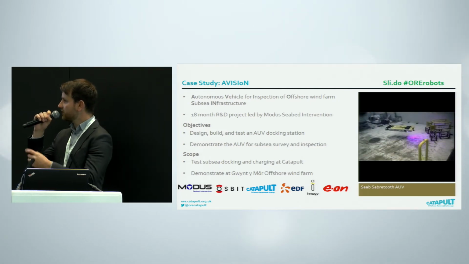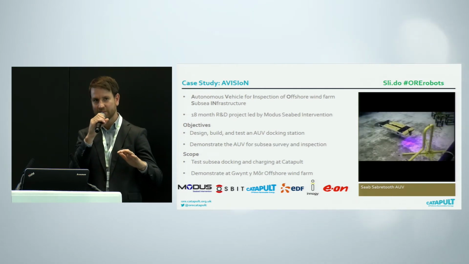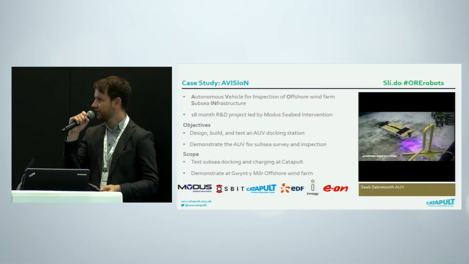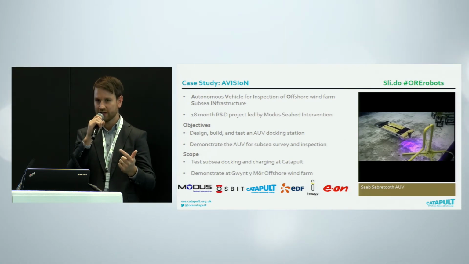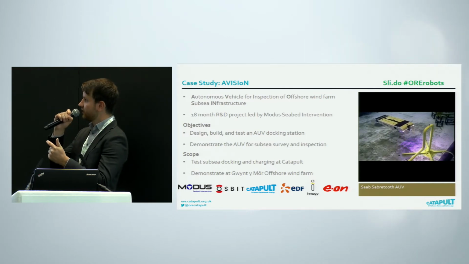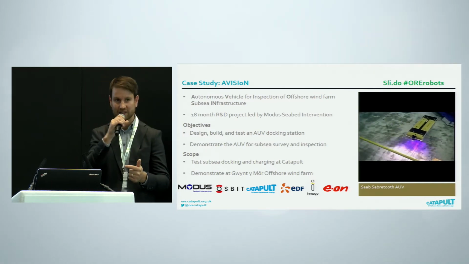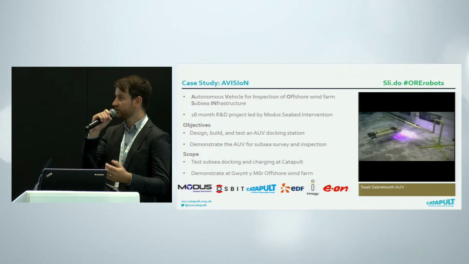So this is a company called Modus Seabed Intervention. They're a Darlington-based company, UK-based company. They have a fleet of offshore vehicles, so ROVs, trenchers, and the latest addition to their fleet is an autonomous underwater vehicle that was developed by Saab, and they're now looking to apply that in commercial areas, including offshore wind.